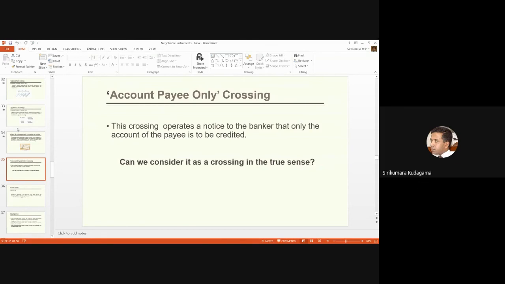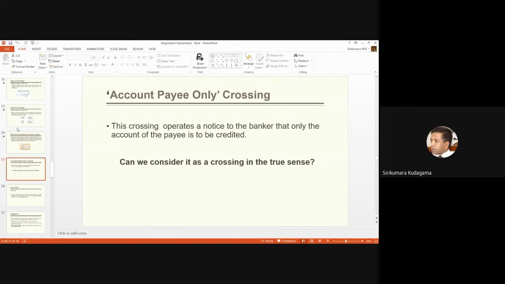What is really meant by the crossing "account payee only"? What is this instruction? Can someone explain the effect of this? It's an instruction to the collecting bank.